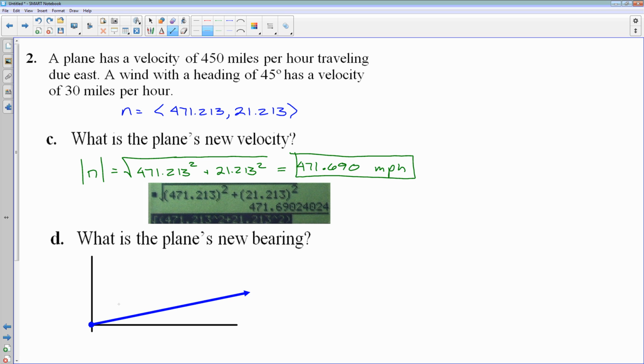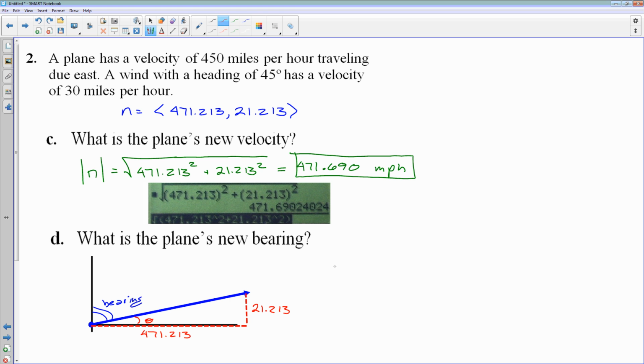And so here's where my triangle is, 471 up 21. And then I'll use tangent to get this angle. So this is 21.213, 471.213. I'm going to find this angle, and then I can subtract from 180 to find the actual bearing right here.